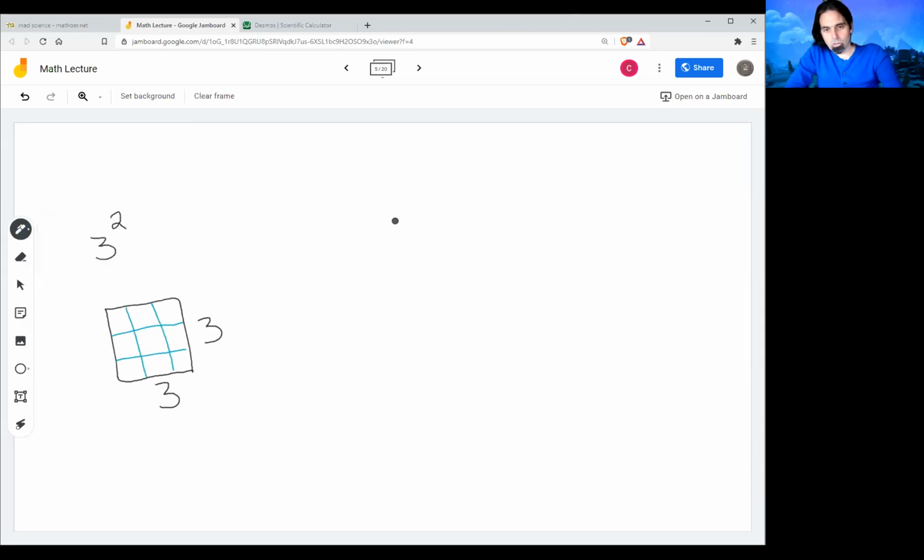If I want to draw 3 cubed, then I would take one of those that we just drew and make it into a 3-dimensional shape. If you chopped that up, and you could build one with sugar cubes if you happen to have them at your house, then there would actually be 27 cubes in that thing.